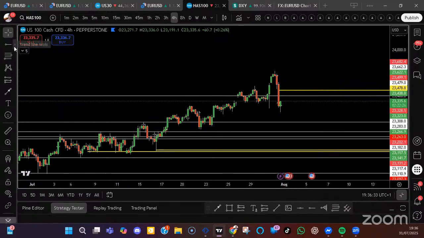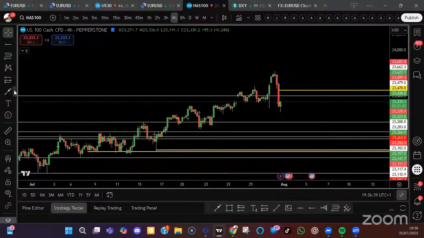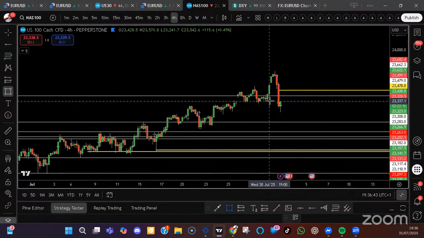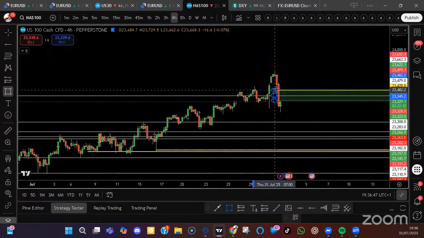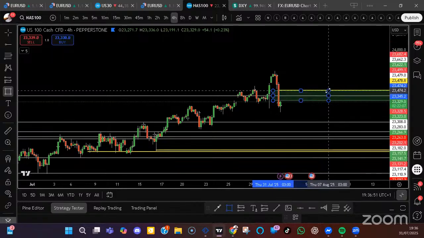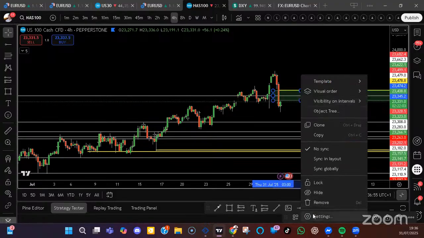So we'll mark that up. It's a sell fair value gap, so it needs to be red.